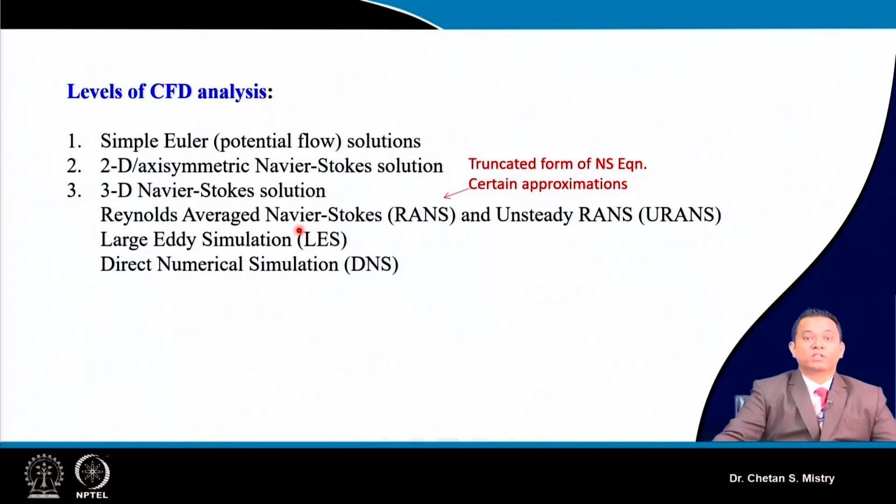So for the first cut design, for the initial design, people are using RANS simulation. That will give a quick solution to the analysis we are doing. Later on, as per the expectation in terms of performance, people go with unsteady RANS simulation.